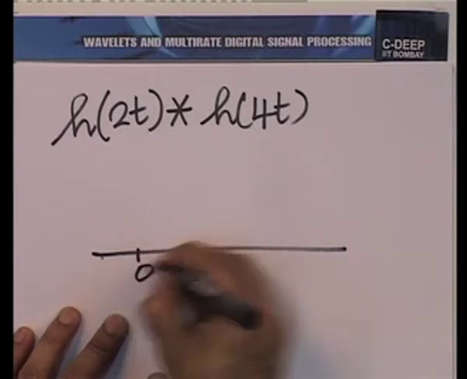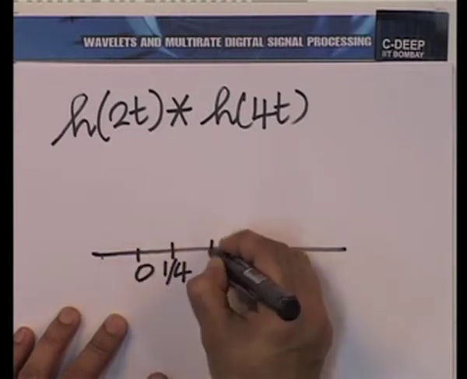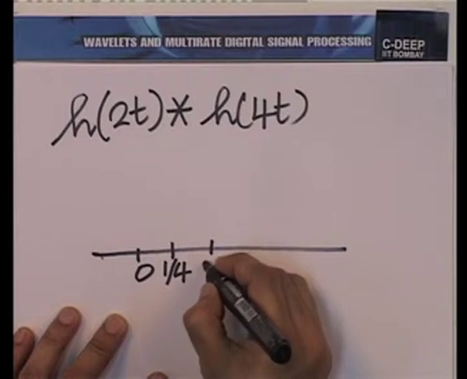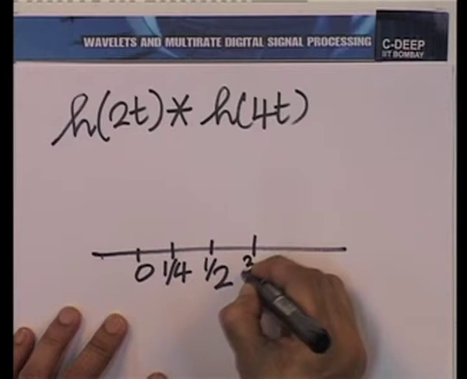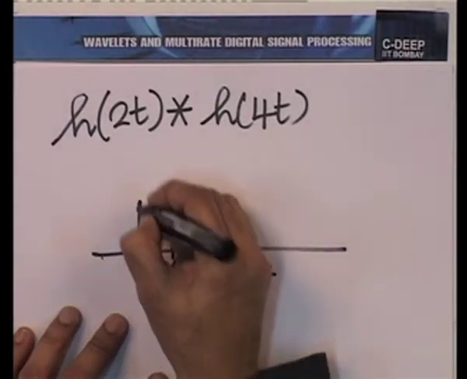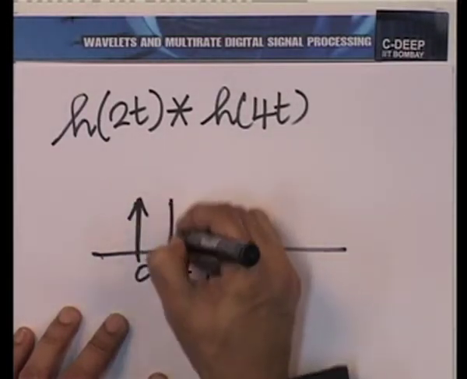You get an impulse located at 0, 1 at 1/4, 1 at half, at 1 at half plus 1/4, which is 3 by 4. So, you get impulses here.